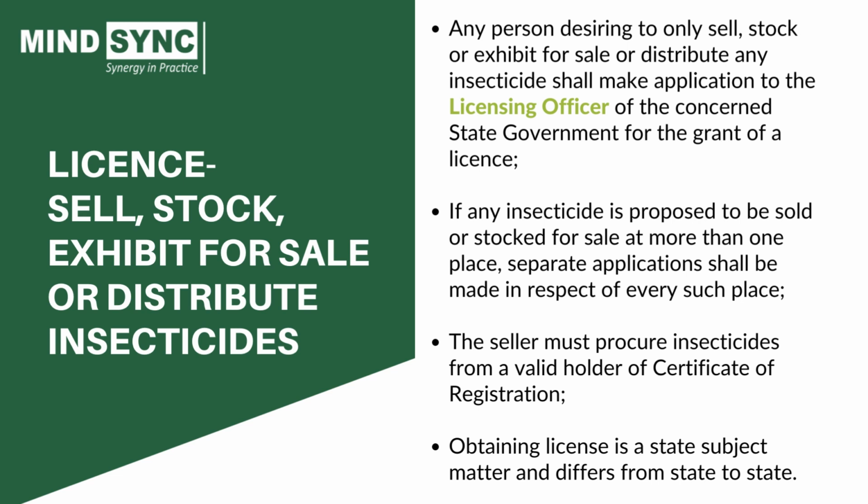If any insecticide is proposed to be sold or stocked for sale at more than one place, separate applications shall be made for each such place. The seller must procure insecticide from a valid holder of a certificate of registration. Obtaining a license to sell is a state subject matter and differs from state to state.